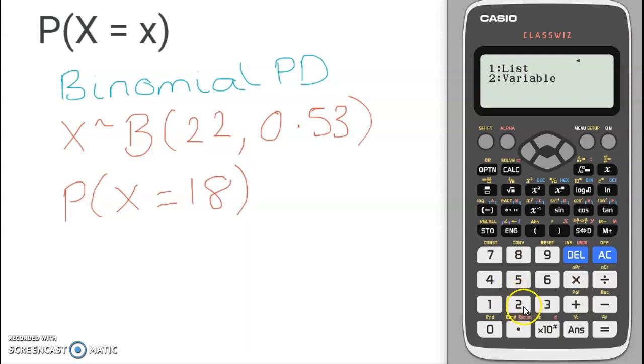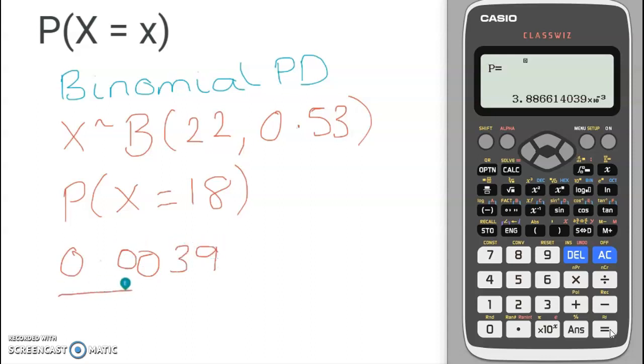Using the variable option on the calculator, number 2, I put in my x value of 18, my n value of 22, and my p-value of 0.53. This gives me my probability of 0.0039 to 4 significant figures.